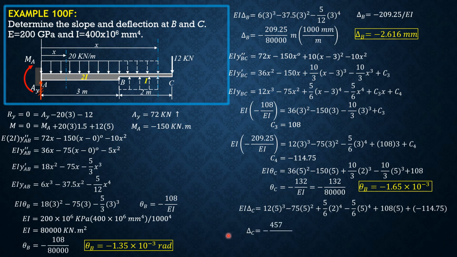So delta C is equal to negative 457.25 over EI. So the shortcut, you just divide by 80. Automatically delta C is in mm. So delta C or deflection at C is negative 5.716 mm.